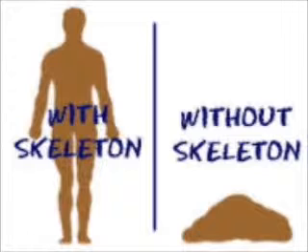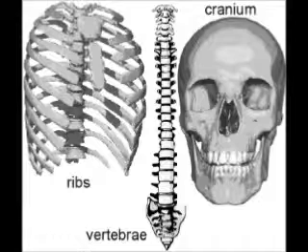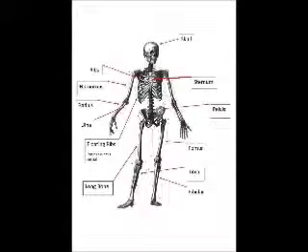Finally, the skeleton grows throughout childhood and provides a framework for the rest of the body to grow along with it. The skeletal system in an adult body is made up of 206 individual bones. These bones are arranged into two major divisions, the axial skeleton and the appendicular skeleton.